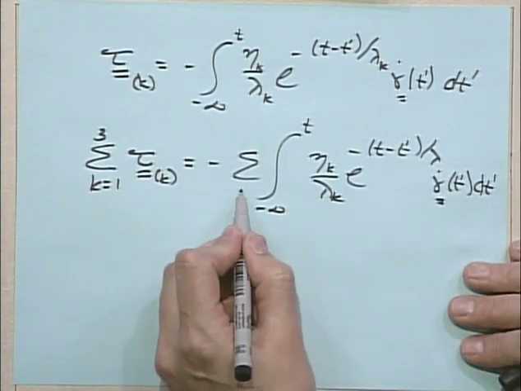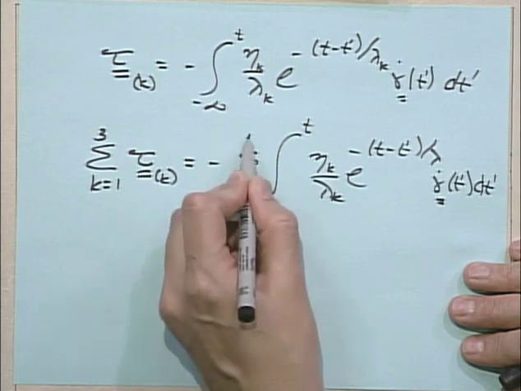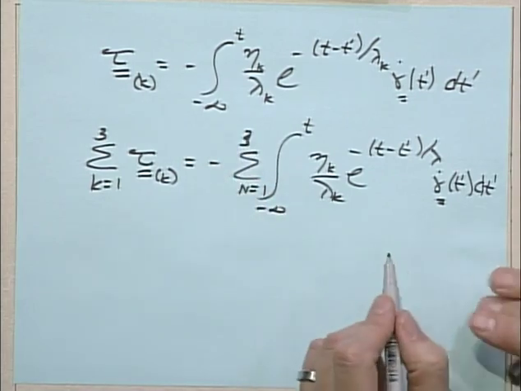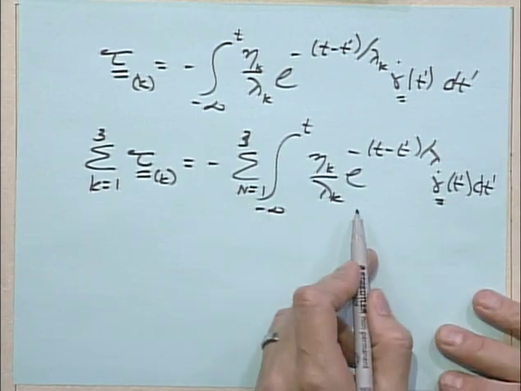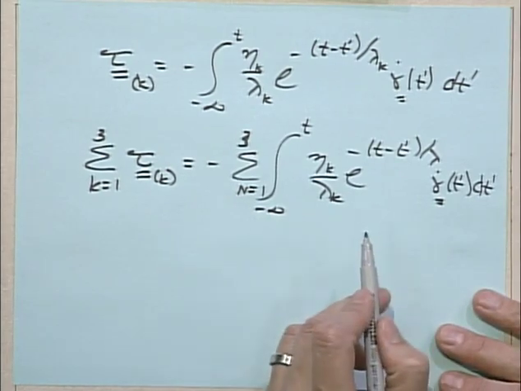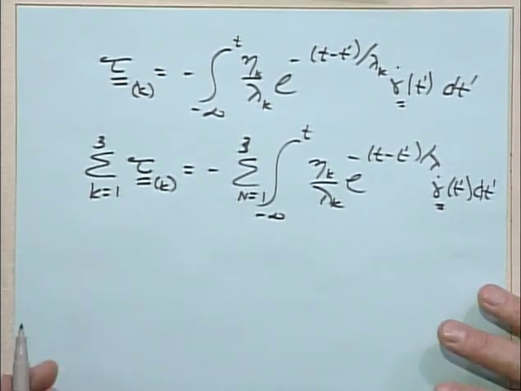And the only difference between this expression and what's written on the slide is that I've changed the order of the operation of summation and integral. So I can either take the sum of integrals or I can take the integral of sum. It's no difference. So you do that all the time.